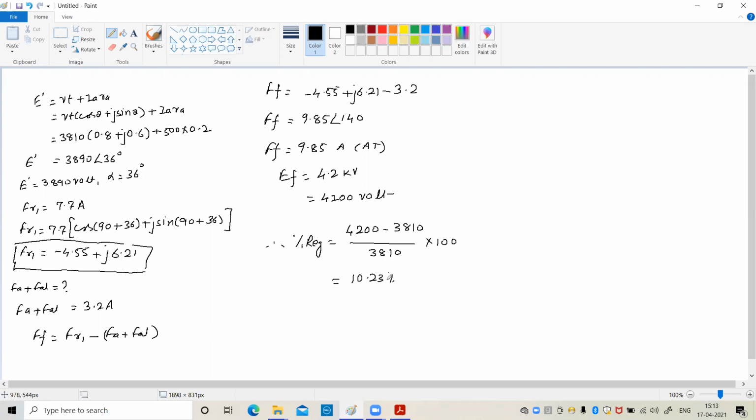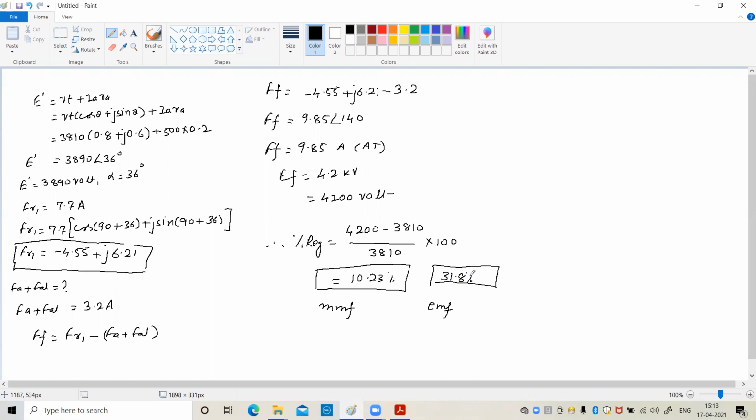So this is the voltage regulation by MMF method. It is quite clear, the voltage regulation by MMF method is 10.3, whereas by EMF method, we have already calculated, it is 31.8%. So which is the correct value?